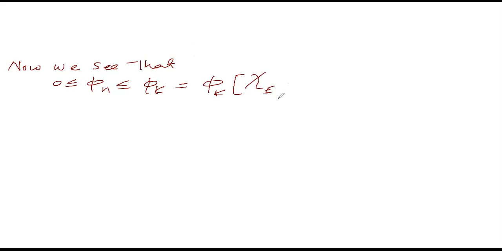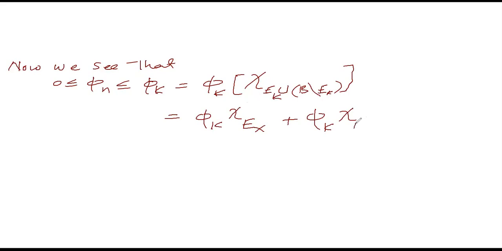That is equal to phi k into the characteristic function of ek union b minus ek, which equals phi k into the characteristic function of ek plus phi k into the characteristic function of b minus ek. Sorry, it's ek here, not ex, ek.